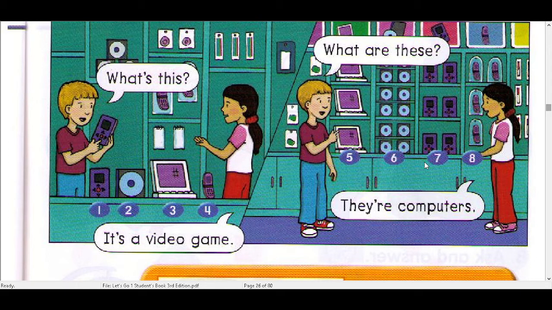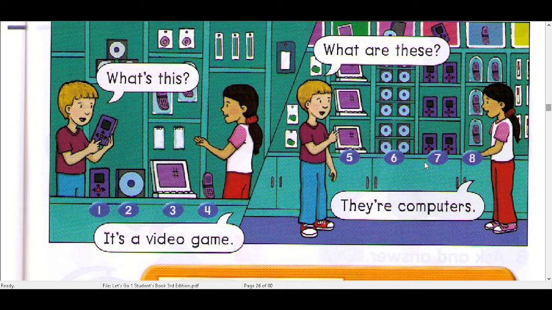Number 3. What's this? It's a computer. Number 4. What's this? It's a cell phone. Number 5. What are these? They're computers. Number 6. What are these? They're CDs. Number 7. What are these?